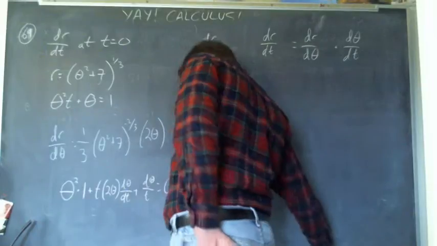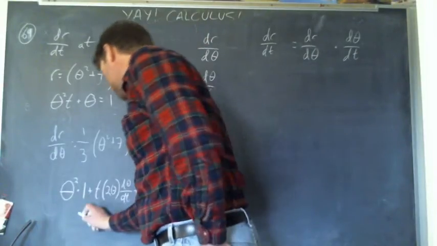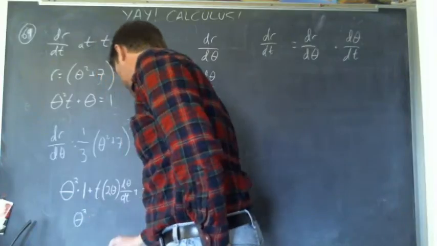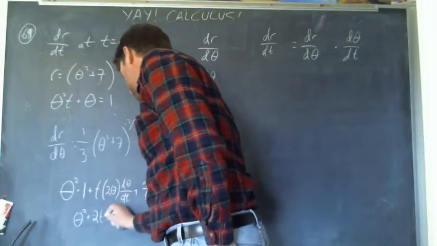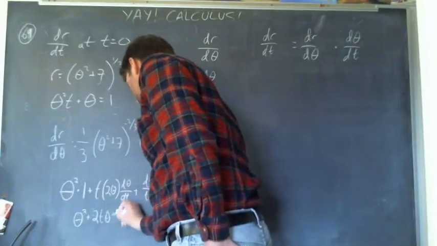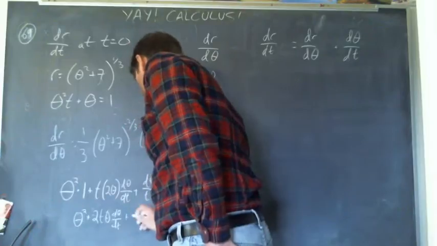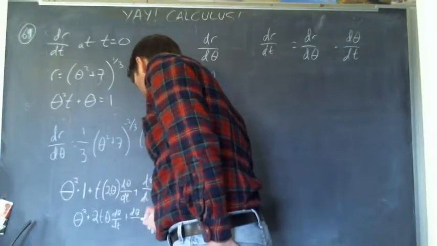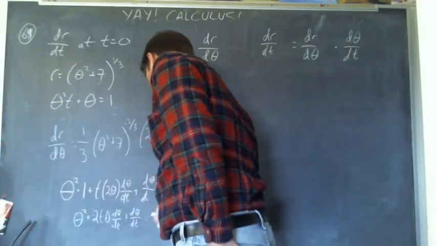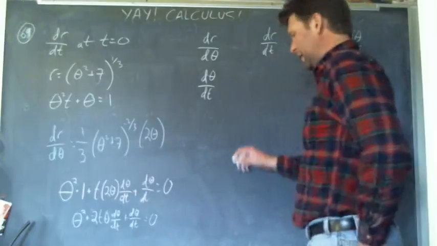So now let's clean up a touch. So that we have 1 that's theta squared plus 2t theta d theta/dt plus d theta/dt is 0. So we'll subtract theta squared from both sides.